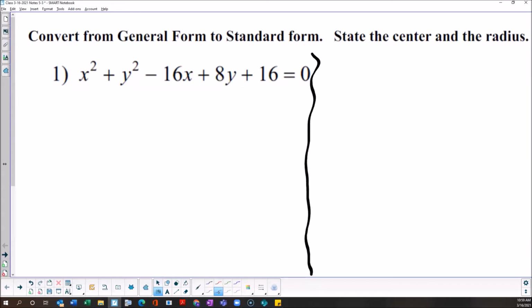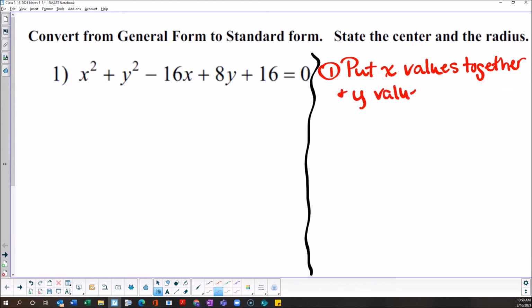All right, first step is I'm going to put everything in order. I'm going to put the x's together and the y's together. I'm just reordering this. So I'm going to put my x's, the x squared minus 16x.